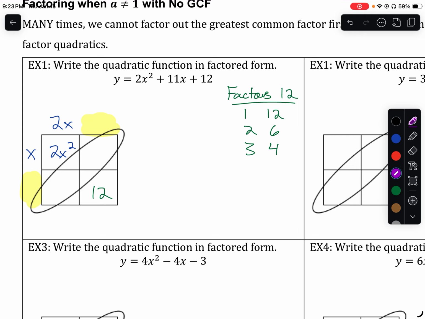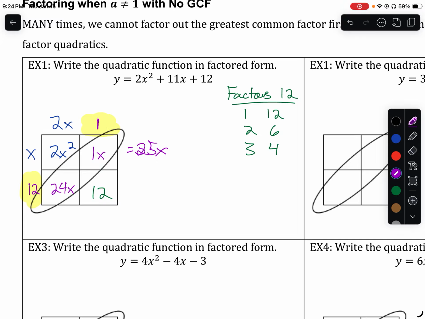So let's say I started with 1 and 12, just using my first couple factors there. Well, if I did that, then this area would be 2x times 12, which would be 24x. And then this box would be 1 times x, which would be 1x, and that clearly is 25x.